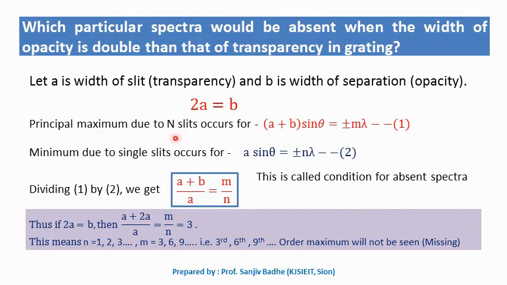To solve this problem, we will write the condition for maximum first. Principal maximum due to N slits occurs for (A+B) sin theta equal to plus or minus m lambda. This is the condition for principal maximum. Minimum due to single slit: the condition is A sin theta equal to plus or minus n lambda.